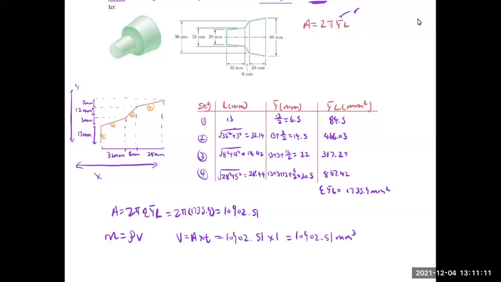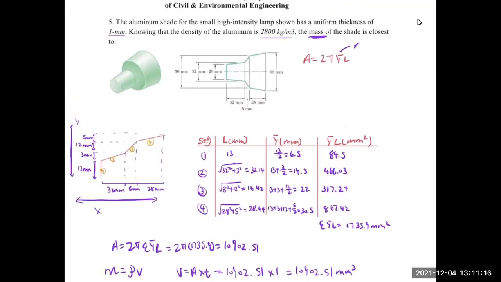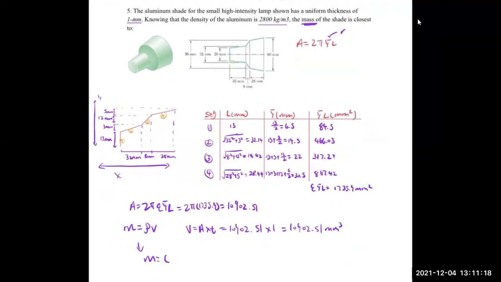Okay, now we can compute our mass. The mass is equal to rho, where rho is 2,800 kilogram per meter cube. But we need to turn that meter cube into millimeter cube.